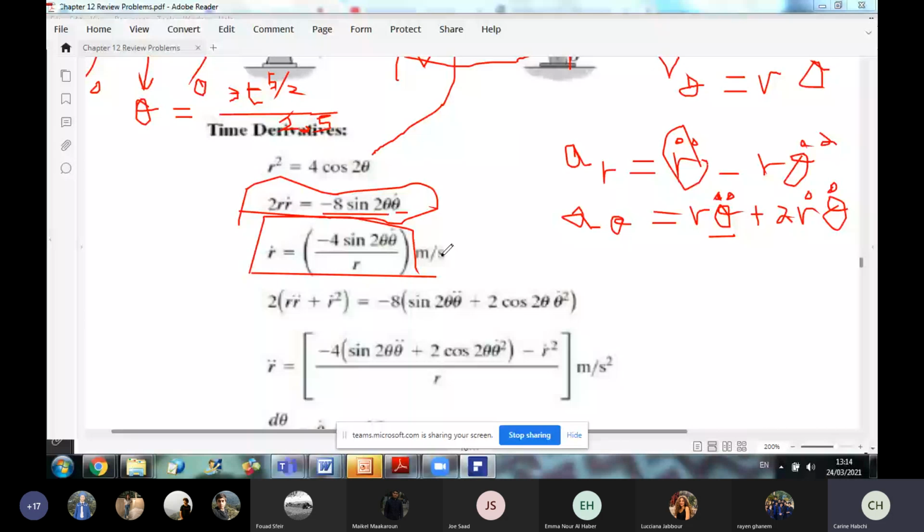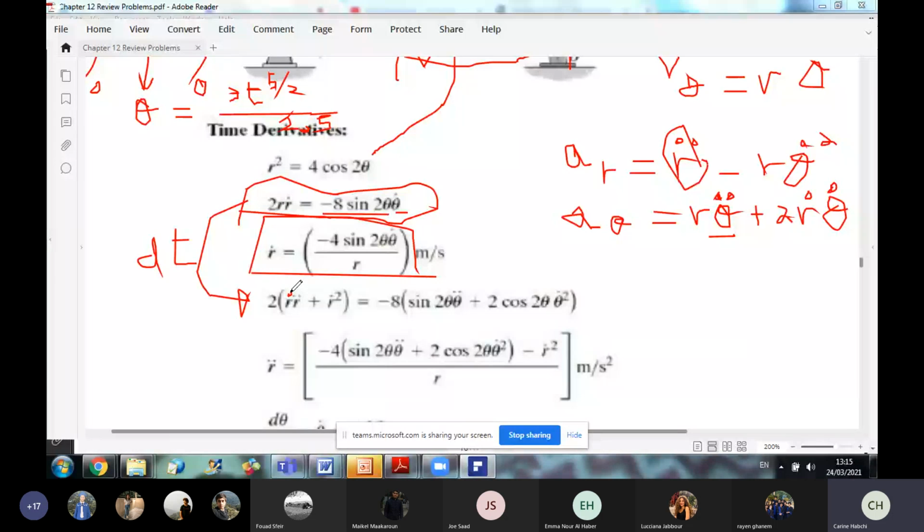If you derive this relation with respect to time, you have first here the product of two functions. You have u times v. So when deriving u times v with respect to time, you have u prime v plus v prime u. So first it's 2 times r dot times r dot, which will give you r dot square, plus 2 r dot dot times r dot.